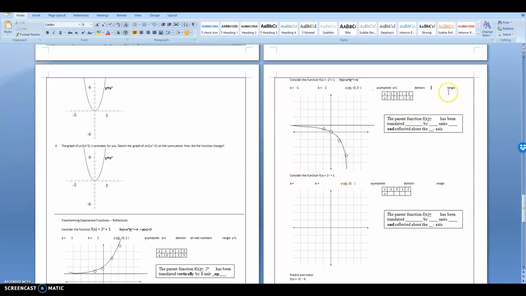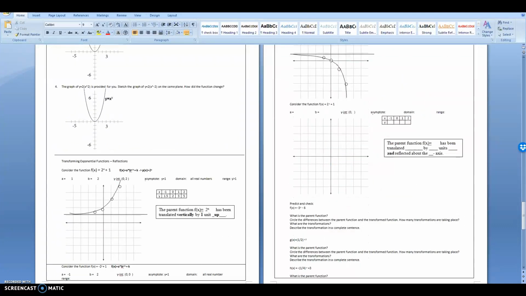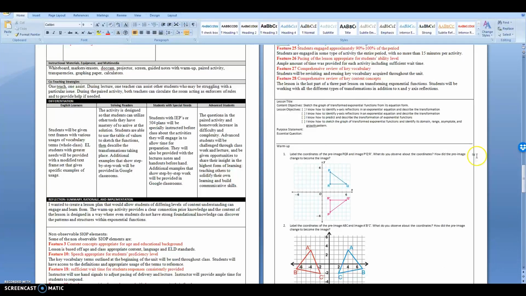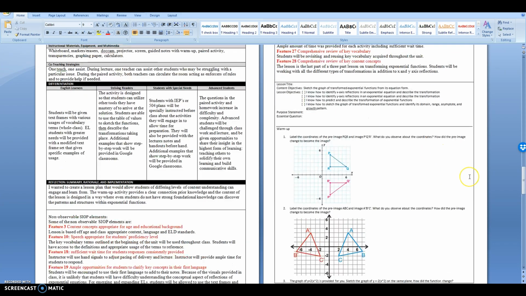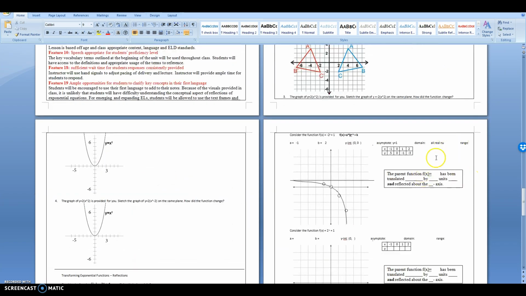So looking at this, we know that unless there's a vertical translation, the domain does not change. So I will write it as all real numbers here.